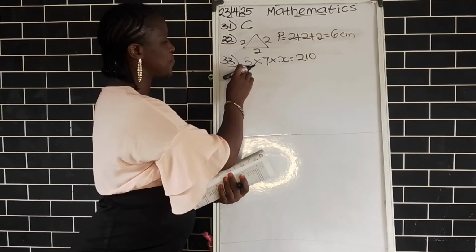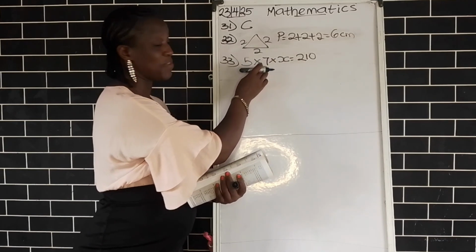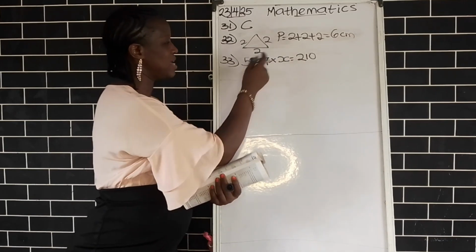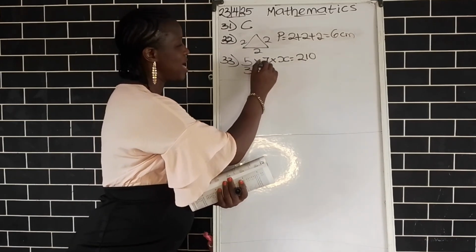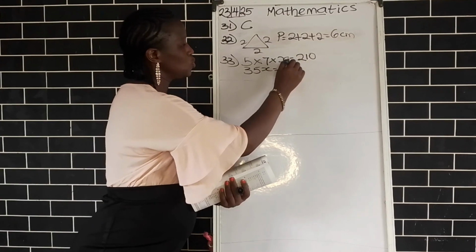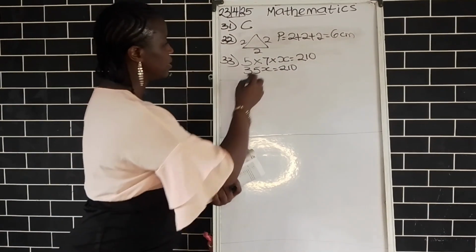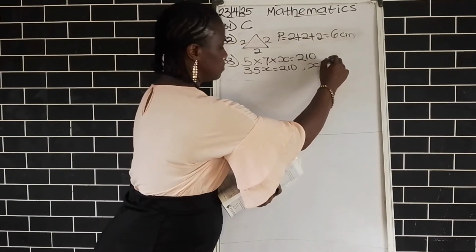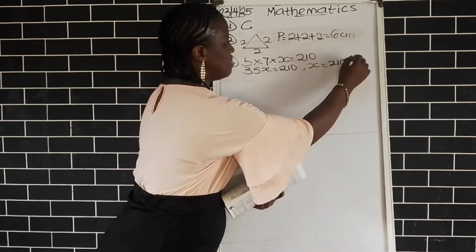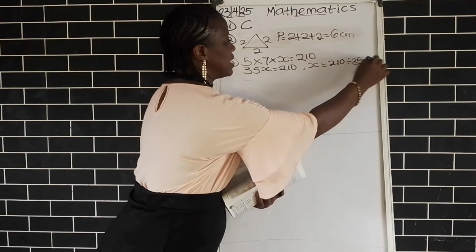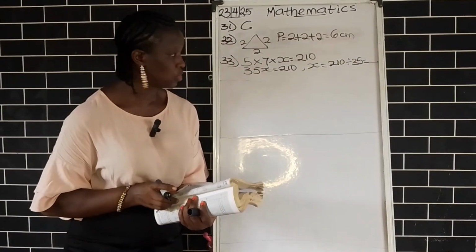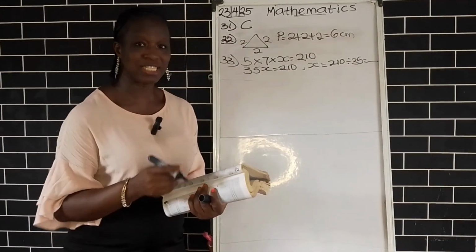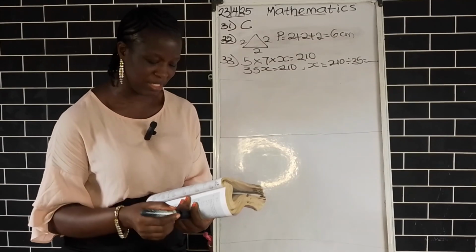So what do we do here? 5 times 7, that is 35. 35 multiplied by s gives you 35s, which is equal to 210. Bring out s from the question. That will be s is equal to 210 divided by 35, and we get the third number. So you get the third number and let me see it in the comment section.